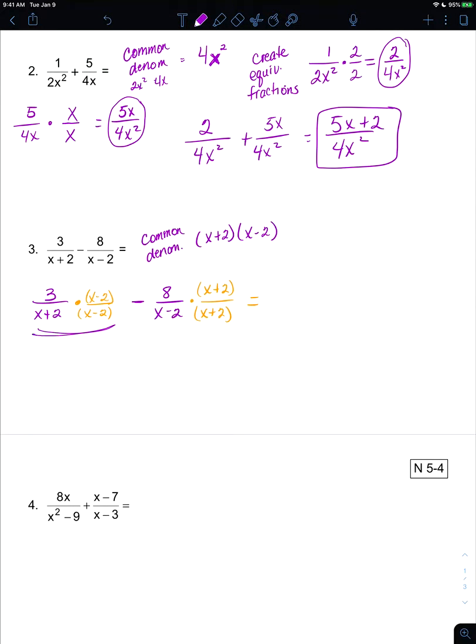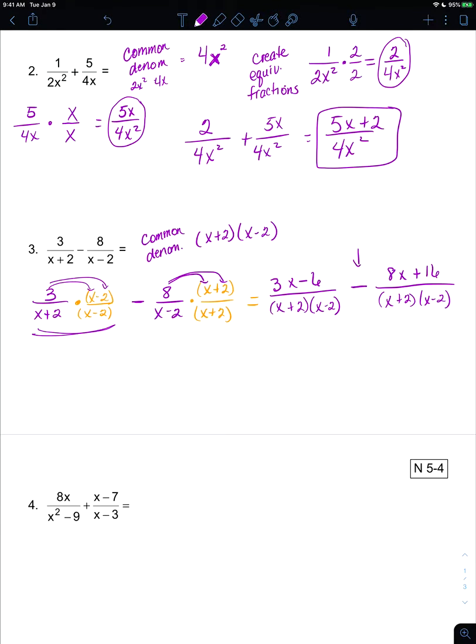Okay, so now I'm going to multiply these out so that we get these two new terms. If I distribute this 3 to the x and the 2, we're going to have 3x minus 6 over that x plus 2, x minus 2. I'm going to distribute this 8 to both of those terms, 8x plus 16 all over that x plus 2, x minus 2.